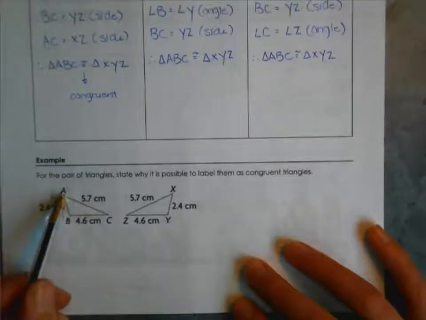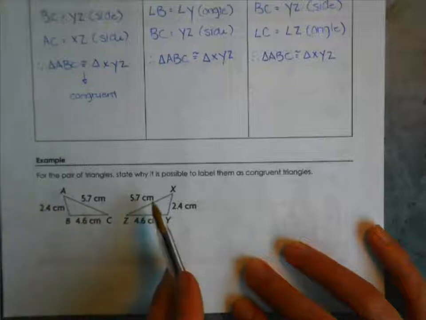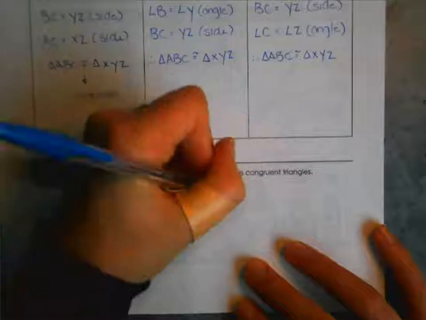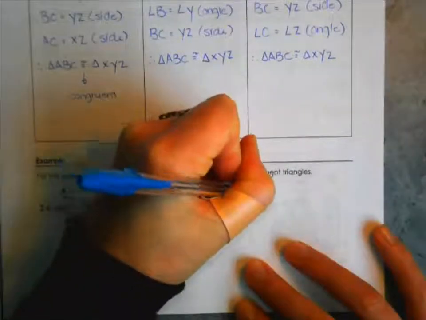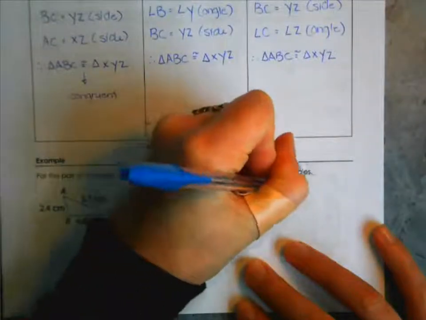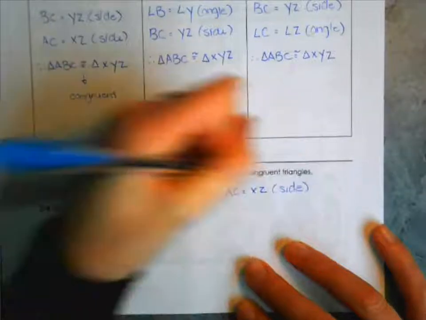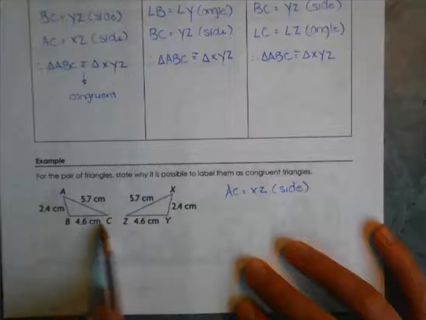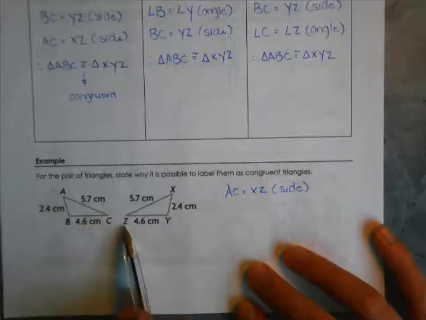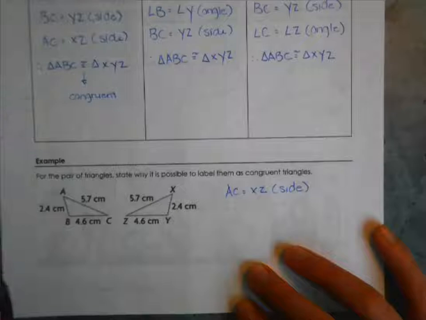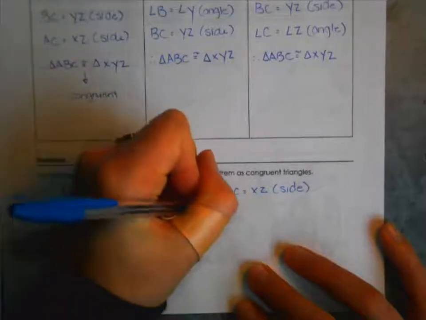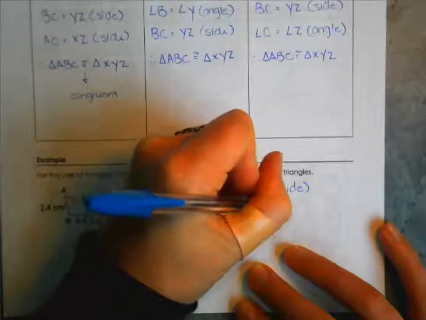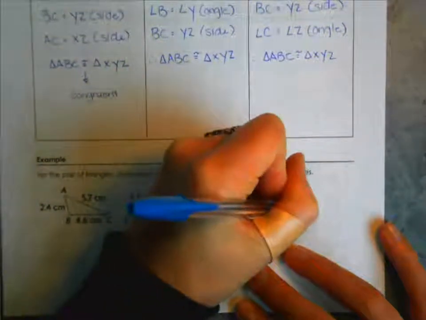So let's say side AC is congruent to the other 5.71 is XZ. So AC equals XZ, and that's a side argument. Side BC is equal to side ZY, or YZ maybe I should say. BC is congruent to YZ, which is also a side argument.